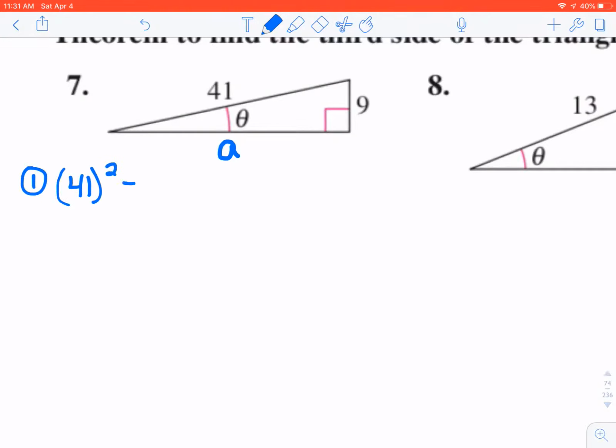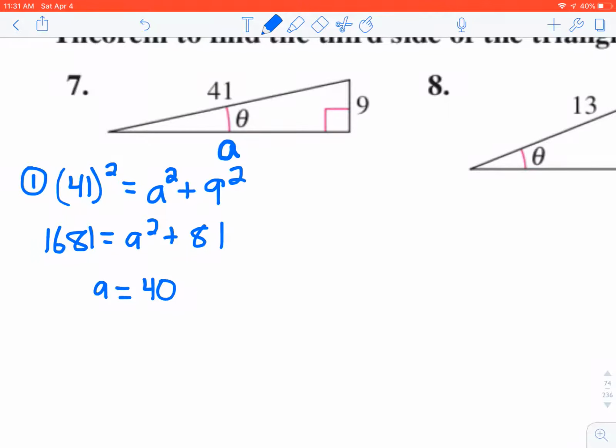So we have 41 squared equals a squared plus 81, where a is the missing side. 41 squared is 1681. To solve that, subtract your 81 on both sides, and then take the square root of 1600. So your missing side ends up being 40. So a equals 40.